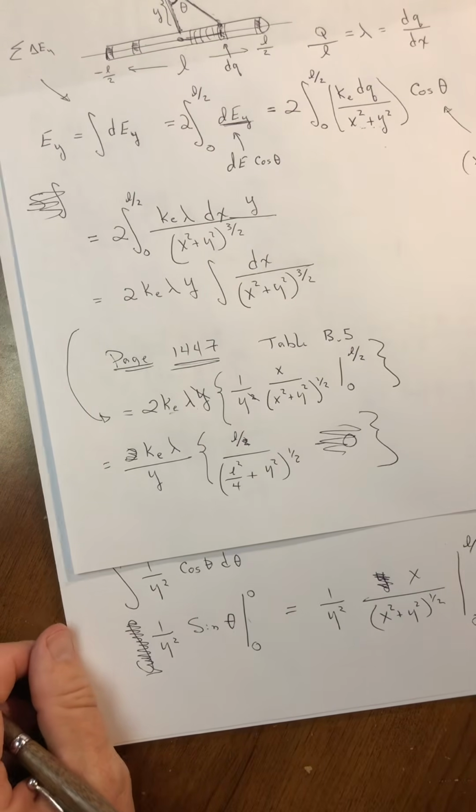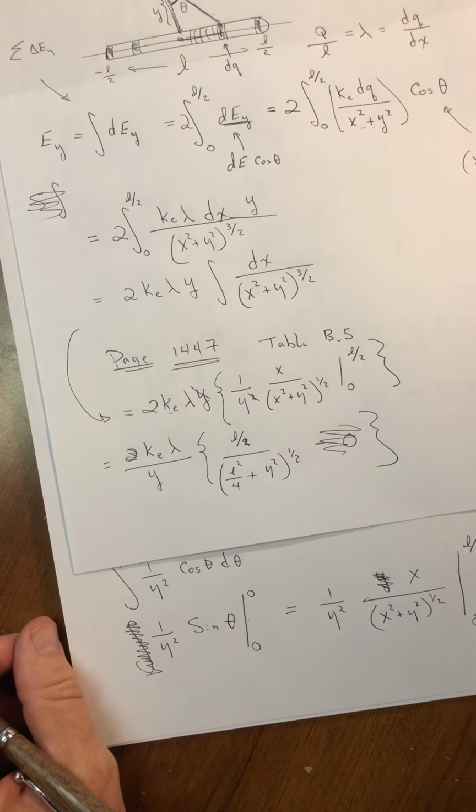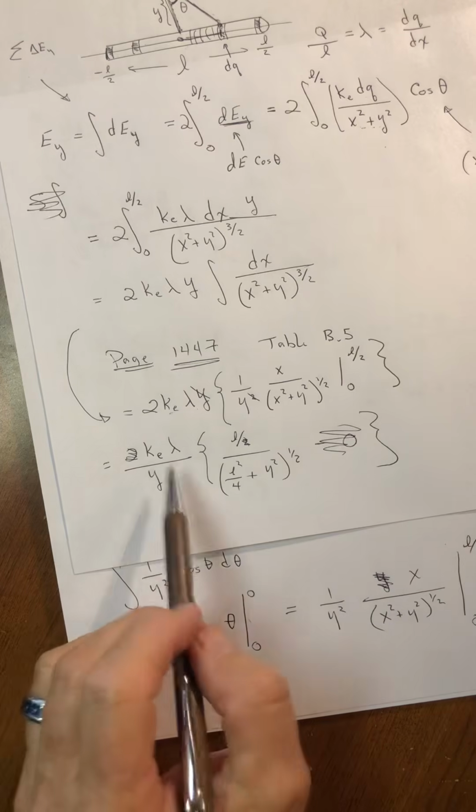Though I thought there was something else they asked about this one. Let me come back to the question now that I jumped over and did here. Oh, actually, I could have left it as sine.